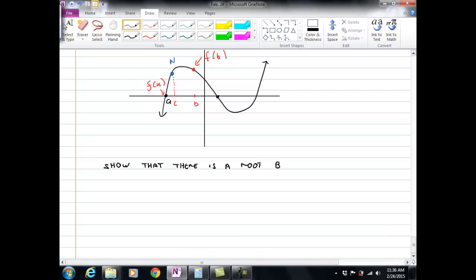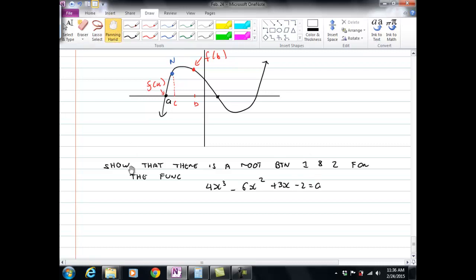So show that there's a root between 1 and 2 for the function 4x cubed minus 6x squared plus 3x minus 2 equals 0.